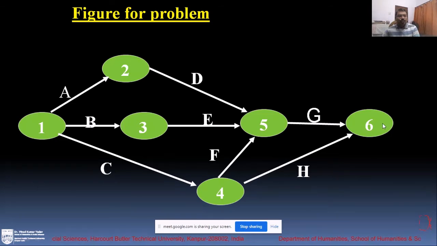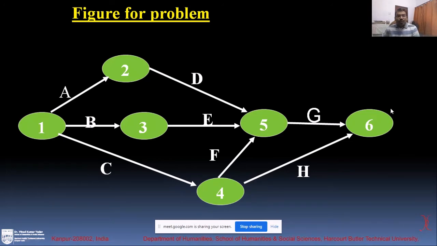So if you make a 6 activity, there is no activity because there is no 0, so you can take a dummy. You can make dash, dash, dash, dash, dash, and you can say I. So this is the start of your project and this is the end of your project, 6th node, right?